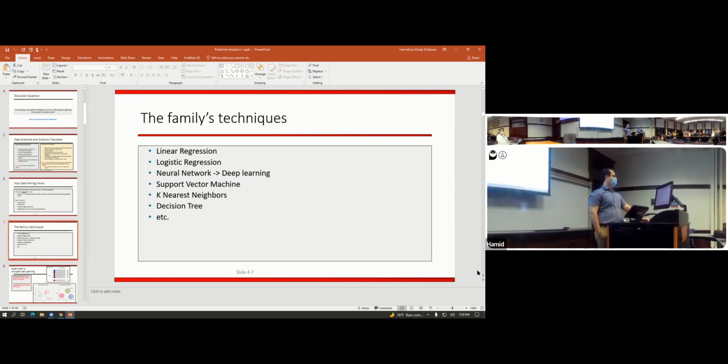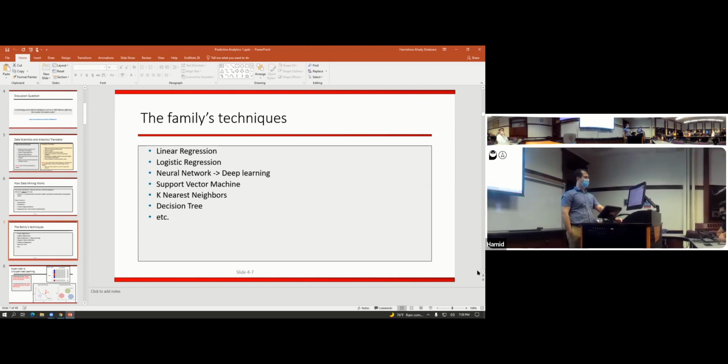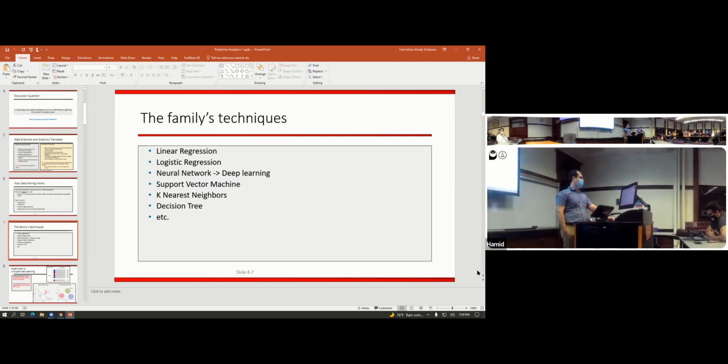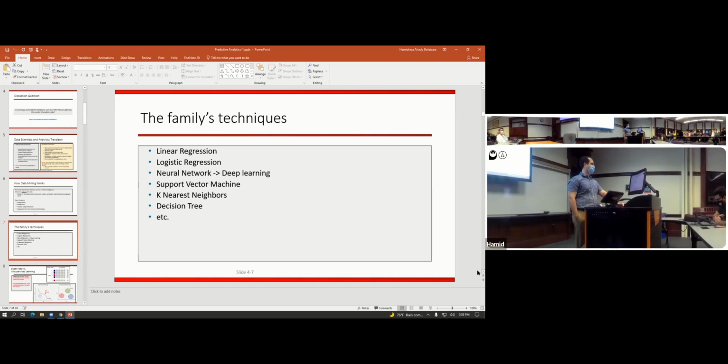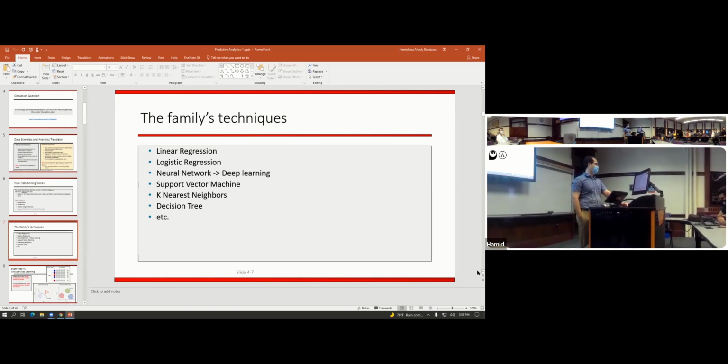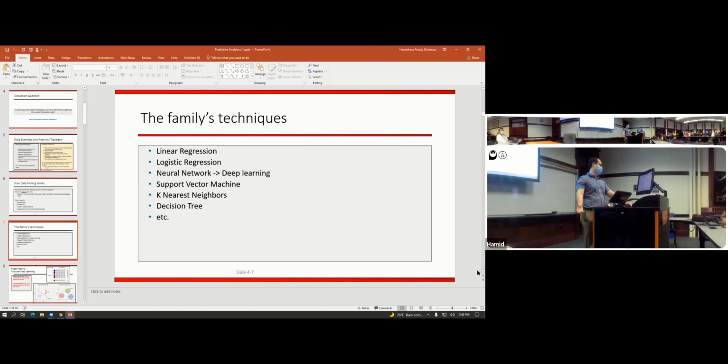Also, there are some well-known techniques or algorithms. I'm pretty sure you have heard of linear regression and logistic regression, also in your undergrad. For some advanced association patterns, we use neural networks. And you might know if you have several hidden layers, we call it deep learning.